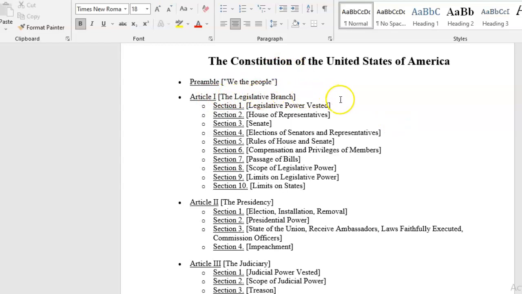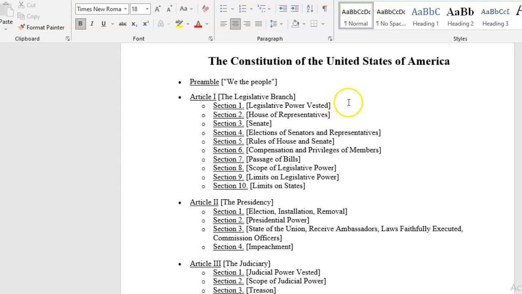We're going to go back over all of these in detail at a later point, but right now we're focusing on the Bill of Rights. So I'm just giving you the layout of this stuff, and then we'll go over these in more depth later on down the road.